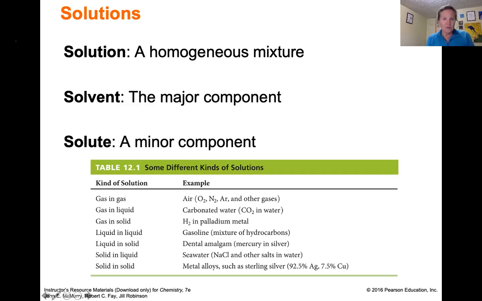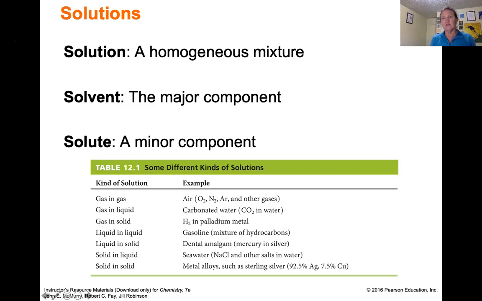The primary ones we're going to think about are liquid and solid, and solid and liquid, and liquid and liquid. So we'll talk a lot about these kinds of solutions. Almost all of the work we do in this class, the solvent will be water.